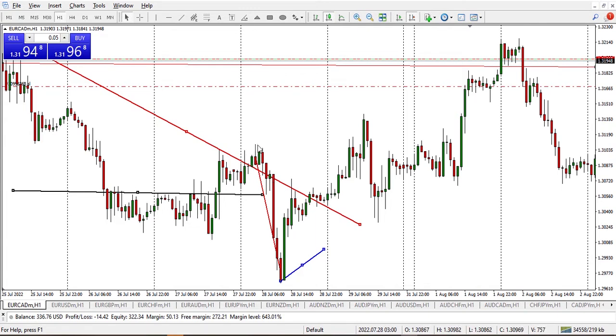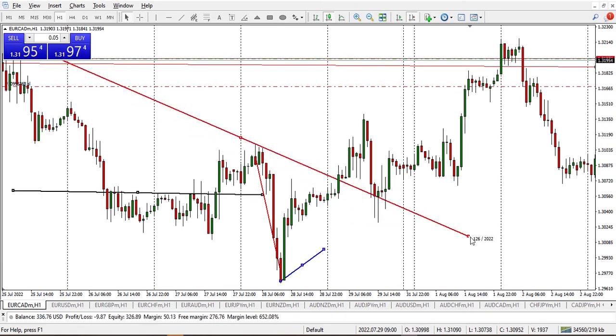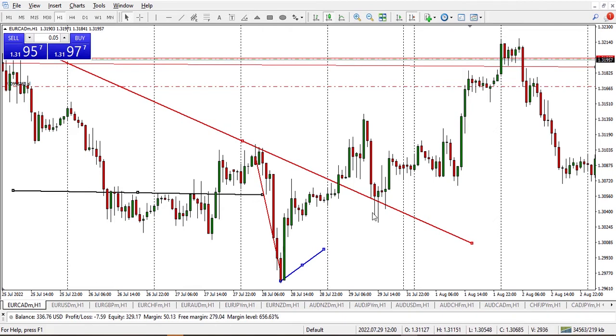As soon as it breaks and comes down here, I know this one is no longer valid. I would have entered this trade, made some money, and then I take my downtrend line to this place, because now this is the recent valid trend for me. Okay, so this still shows us that we're still on the downtrend.